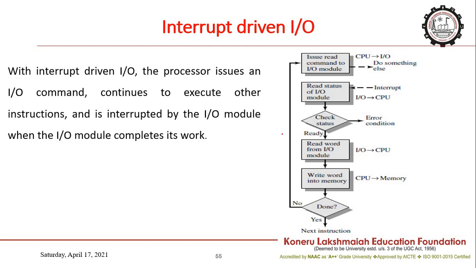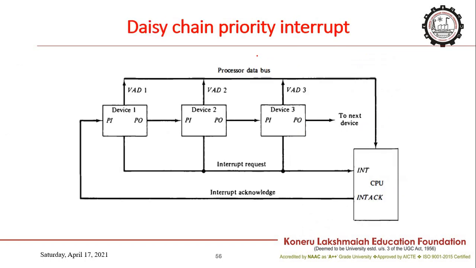And interrupt driven IO is nothing but if any interrupt occurs, then it will stop the current condition, perform this interrupt driven IO, and then come back to its main thing. And then this is a daisy chain priority interrupt.